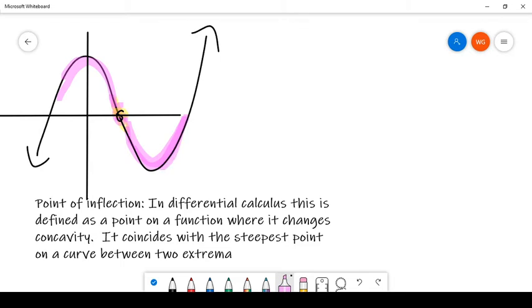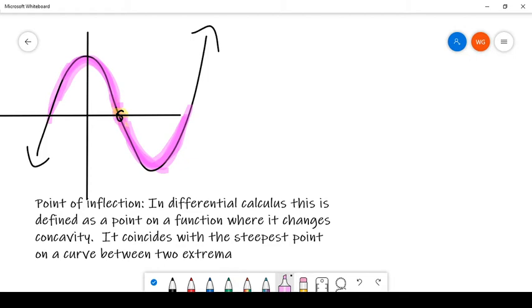So it's defined as a place of transition where the function shifts from being concave down, reaches its steepest it'll ever get, and then begins to move into a concave up pattern.